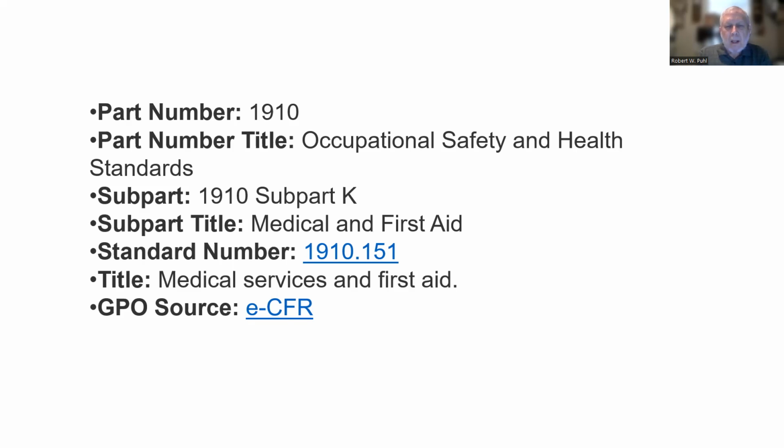Where the eyes or body of any person may be exposed to injurious corrosive materials, suitable facilities for quick drenching or flushing of the eyes and body shall be provided within the work area for immediate emergency use. Now, these are emergency showers and emergency eye wash stations.